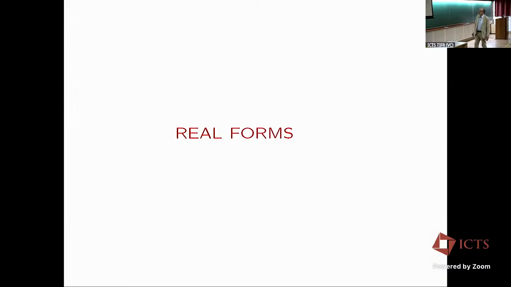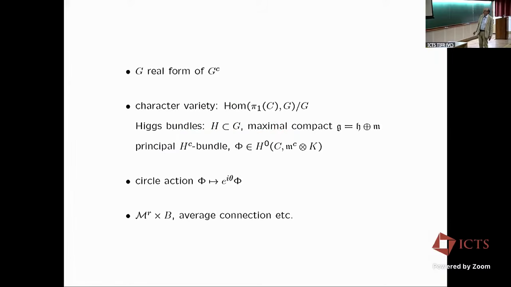But you can do the whole thing for real forms. If I have a real form of a complex group, then we can look at the character variety, which is the homomorphisms into the real form. We know very well from especially the work of Oscar and his collaborators how to describe the Higgs bundles in this situation.